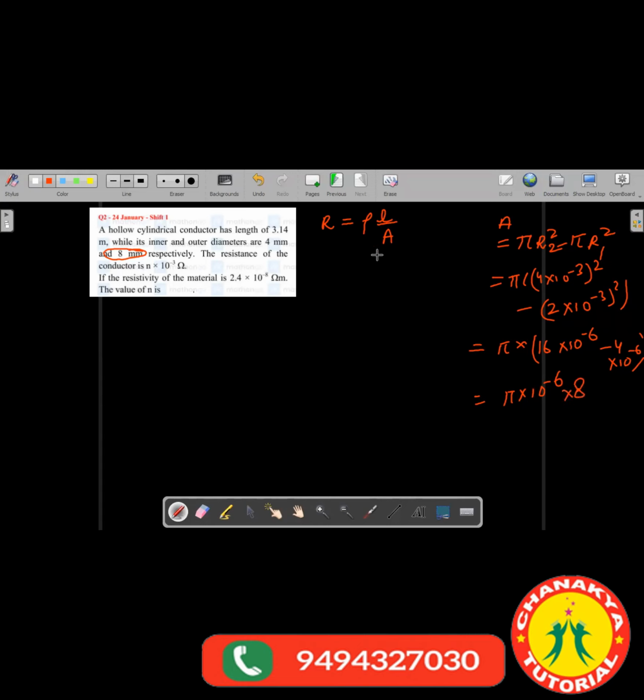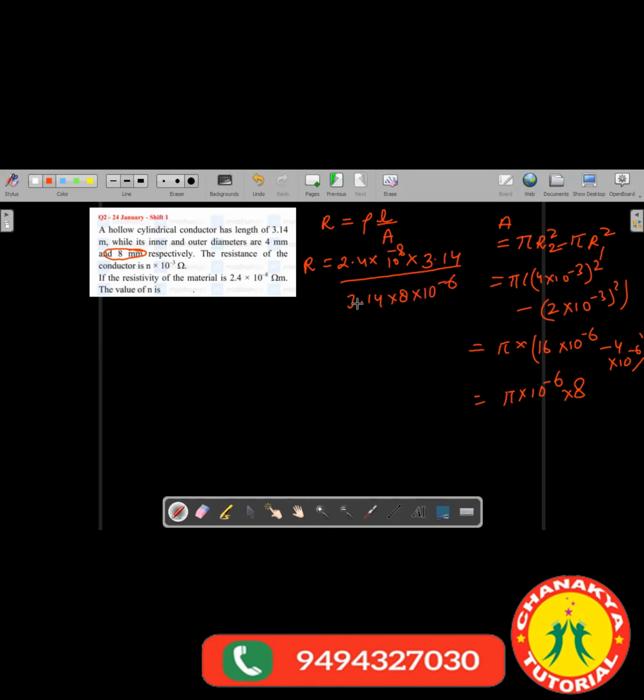Now you can put the value and obtain the value of resistance. So can you tell me what will be the value of resistance? Yes, sir. So try to calculate. Be quick in your calculations. Rho is 2.4 multiplied 10 to the power minus 8, multiplied by length, which is 3.14, divided by area, which is 3.14 times 8 times 10 to the power minus 6.